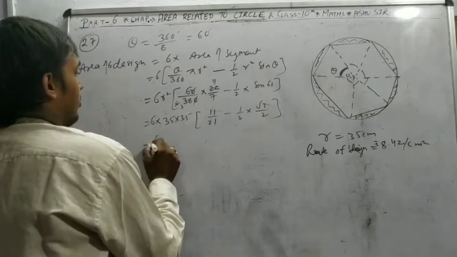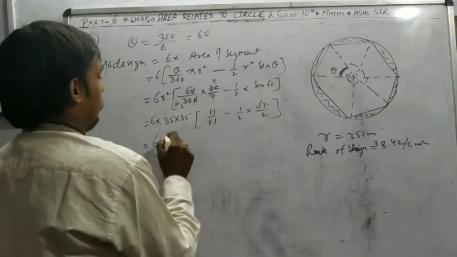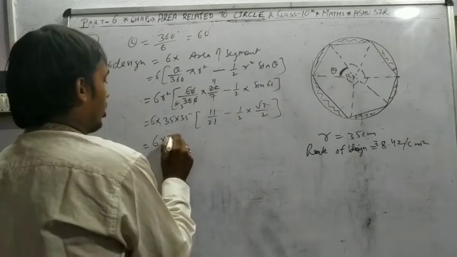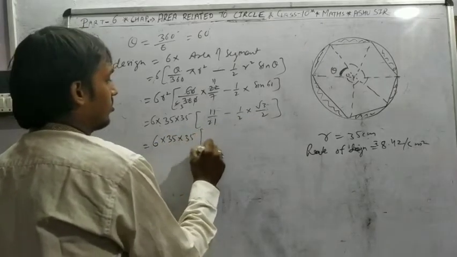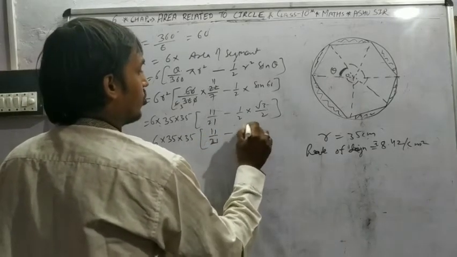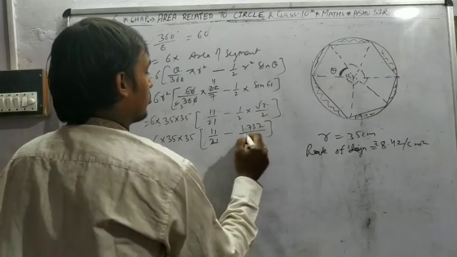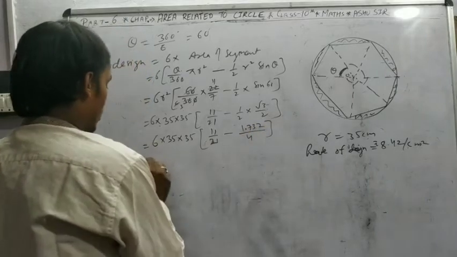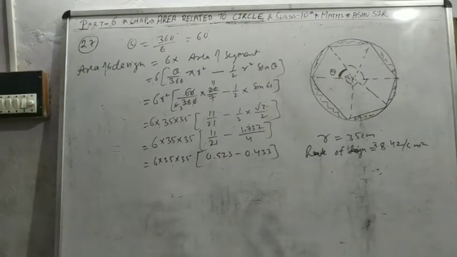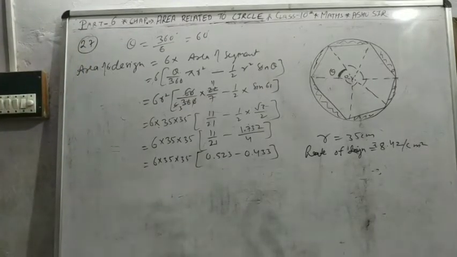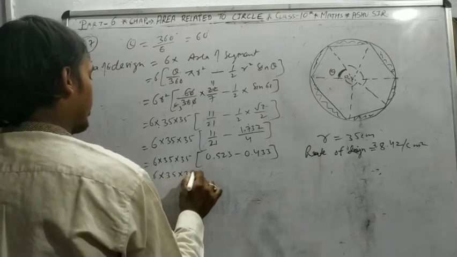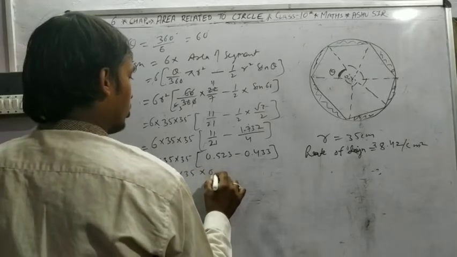Solve it. 6 into 35 into 35, 11 by 21 minus root 3 by 4, 1.732. Then divide them, then multiply 6, 35 into 35 into 0.009.